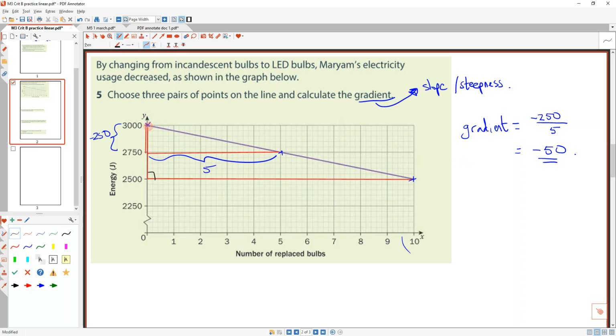So it doesn't matter if I look at this distance, so if I'm taking this triangle, which is 500, negative 500, it's going down over 10, okay, because it's always the same rate, I'm always going to get the same gradient, okay? It doesn't matter at which point, it's decreasing at the same rate each time. And that's kind of what we were looking to discover.